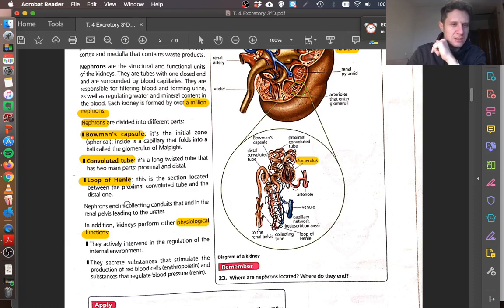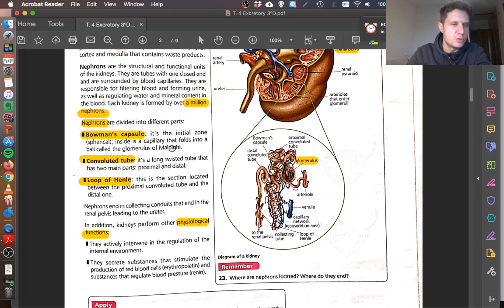Okay, the nephrons, and we're going to read the structure. The initial zone is spherical. Inside it is a capillary that folds into a ball called the glomerulus of Malpighi.